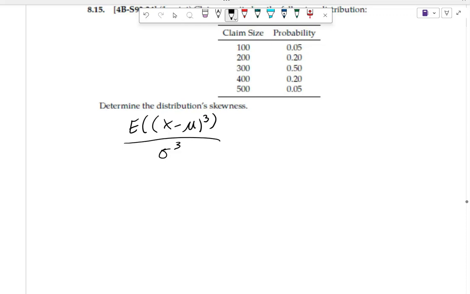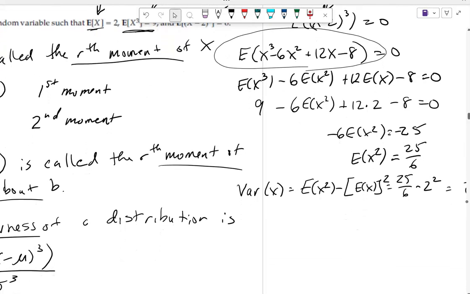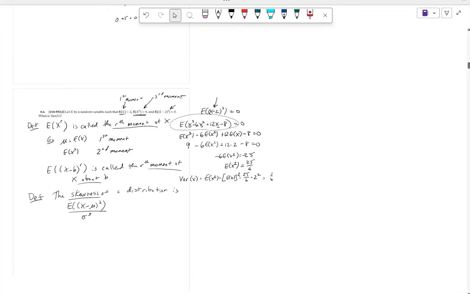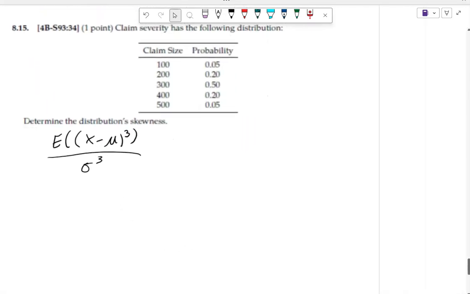Because if I multiply it all out, I've got to find the expected value of x, the expected value of x squared, and the expected value of x cubed. I've got to do three things, right? Notice when you multiply it out, you'll have an x cubed, an x squared, and an x in there. Just messy. Either way, I have to figure out the expected value of x, because that has to go right here. I need to know what that mu is.